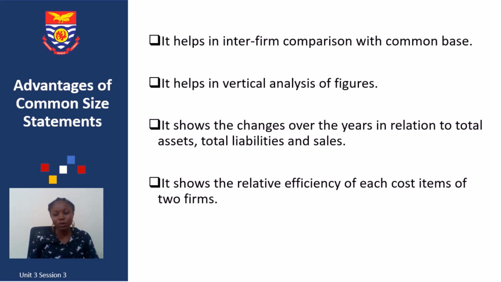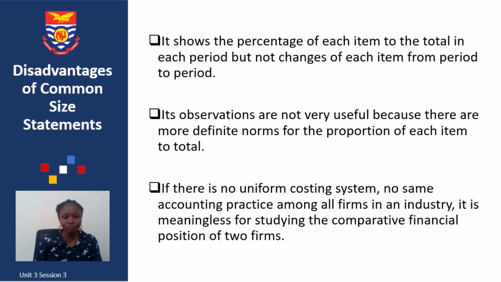So you can know how much each of the items in the financial statement has changed over the years in relation to the assets, the liabilities, and the sales the company has made over time. It is also another way to show the relative efficiency of each cost item between firms when you are making comparison.